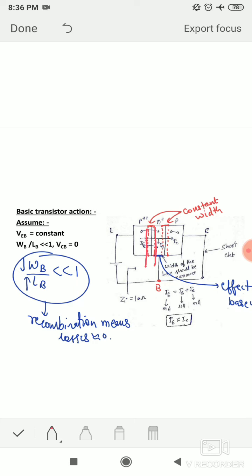The negative side is the N type, and P is connected to this one. So this is a constant width. The effective width is the gap between the two junctions.